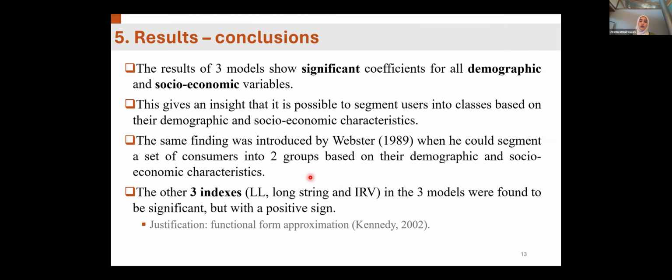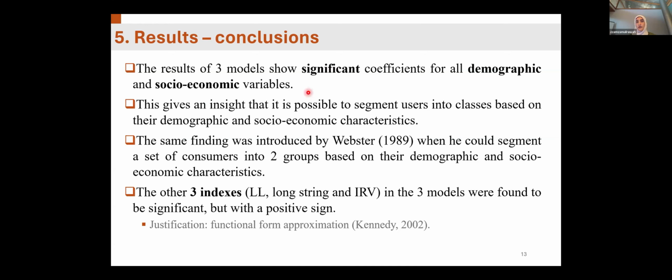Some other important conclusions from these analyses are that the results of the three models show significant coefficients for the demographic and socioeconomic variables. So when we use the personal characteristics to classify the respondents, they were shown to be significant.